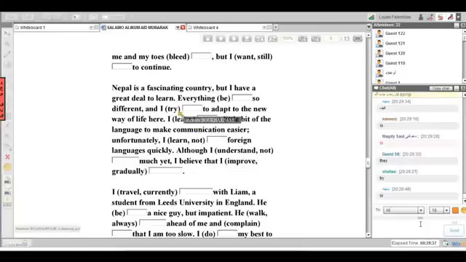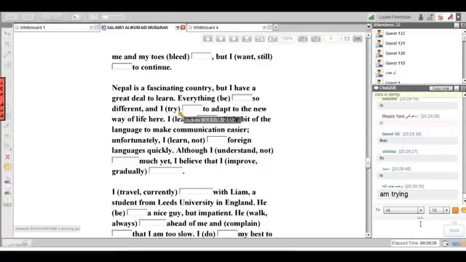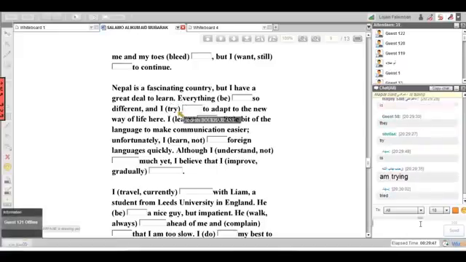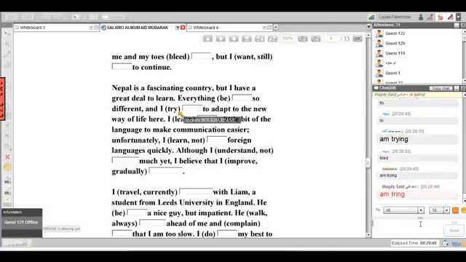Is everybody ready? Okay, so now we shall just deal with simple present and present continuous. Forget about simple past and past continuous, okay?